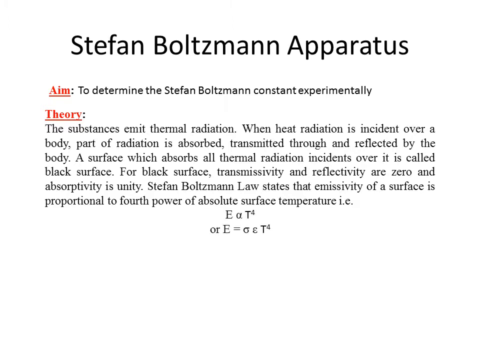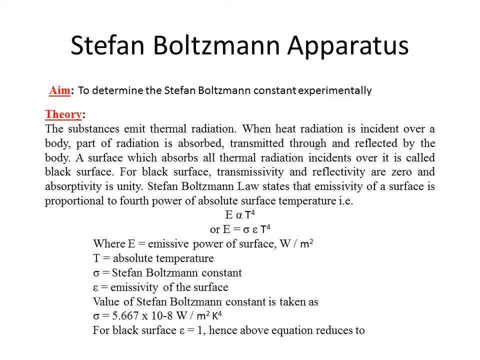That is, E is directly proportional to T raised to 4, or we can say that E is equal to sigma into epsilon into T raised to 4, where E is the emissive power of the surface and its unit is watt per meter square. T is the absolute temperature, sigma is the Stefan-Boltzmann constant, epsilon is the emissivity of the surface.